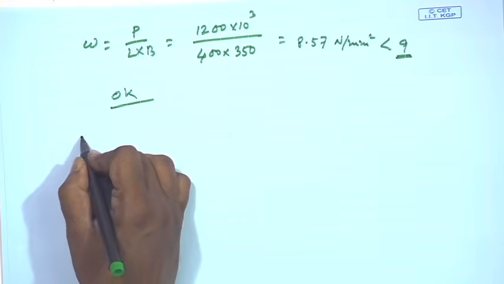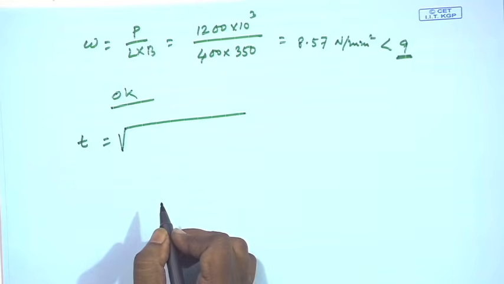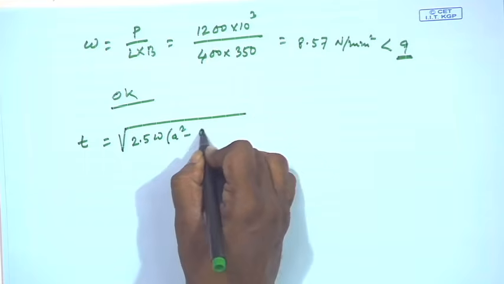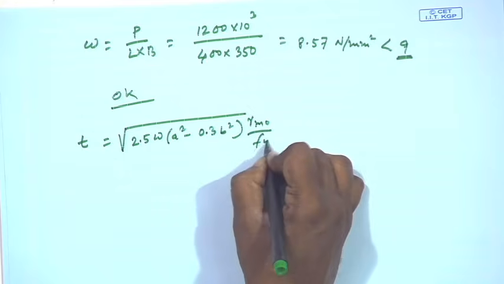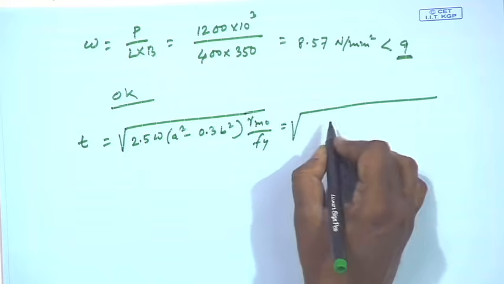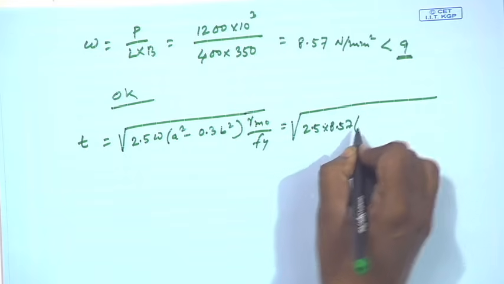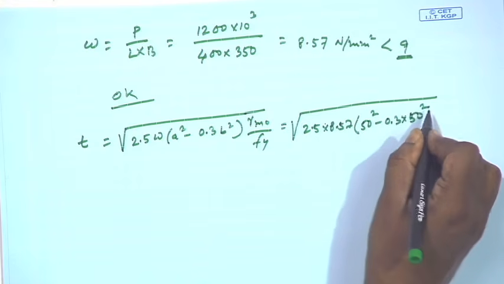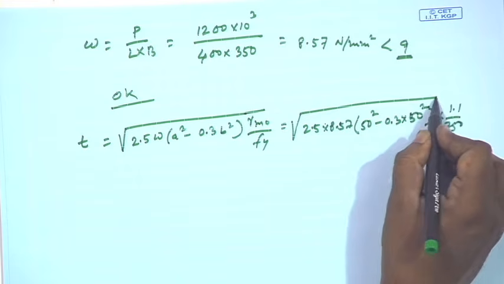Now, we have to find out the thickness. Thickness of base plate we can find out from this formula, which is given in clause 7.4.3.1, that is t equals the square root of 2.5 into w into (a square minus 0.3 b square) into gamma m0 by fy. So, if we put this value, 2.5 into w, we got 8.57, (a square minus 0.3 into b square), right, into 1.1 by 250, right.